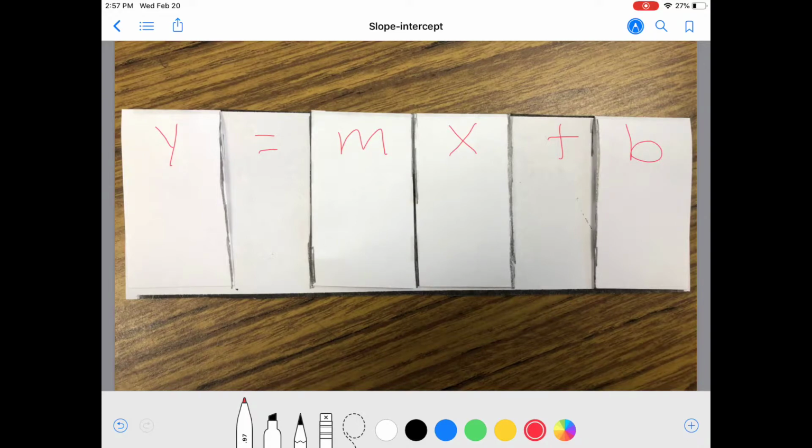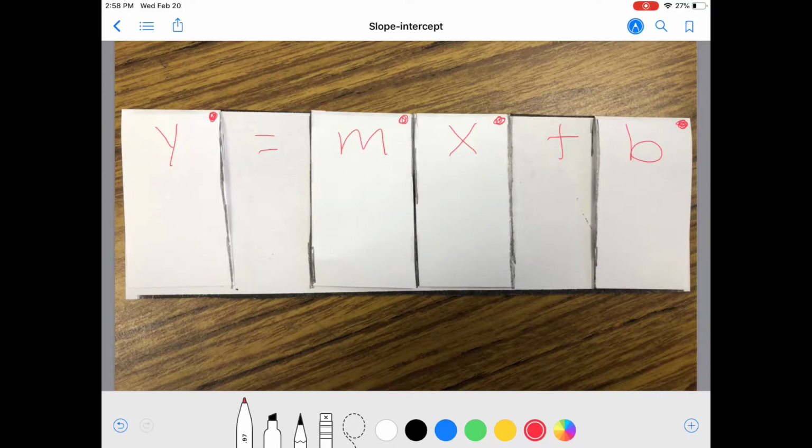This was the foldable where the first, third, fourth, and fifth have a little flap, and the equals and plus sign do not have a flap because we cut it out.